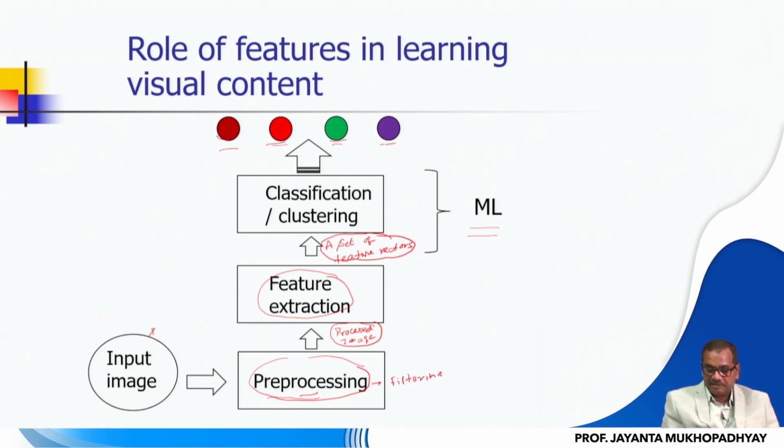So it is a certain kind of filtering that you are performing. That means you are convolving with an impulse response of a system, and that produces your output. Even the feature vector, you may consider that finally they are represented from a set of filter responses. That means they are also filters.